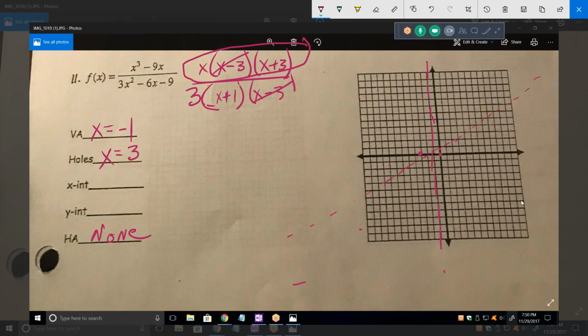Boy, they're giving us functions that are so tight with this grid. They could have given us a bigger grid. It would have made it a little easier. But I do know that I go through the x-axis at those 2 points, so 0 and -3 are the x-intercepts. How about the y-intercept?